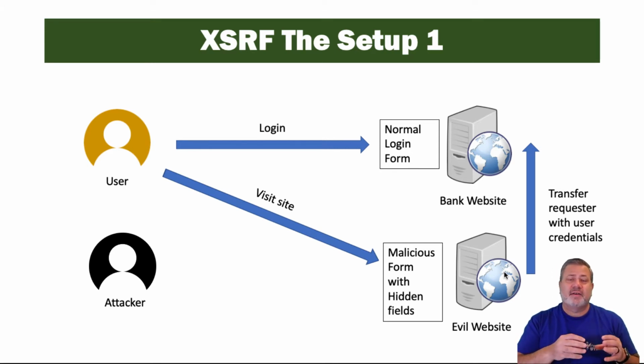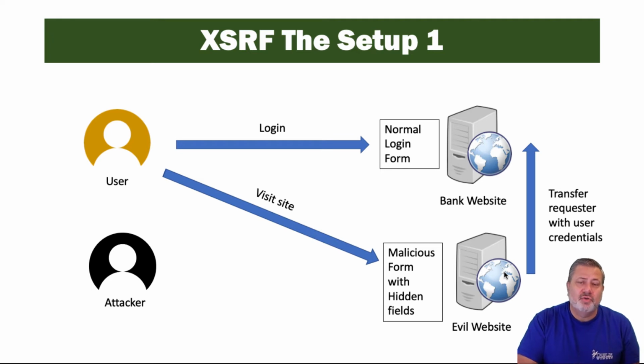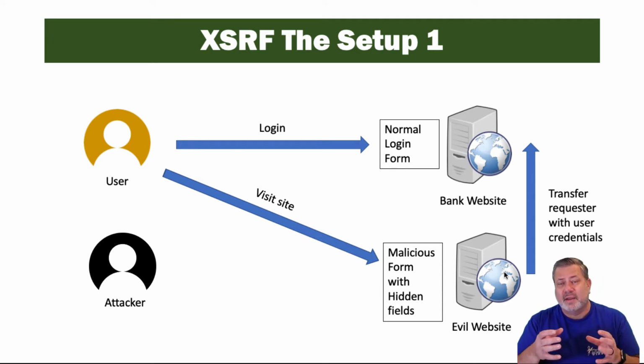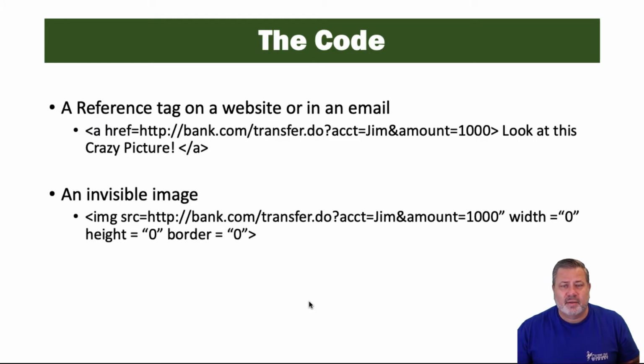It's used the fact that she's logged on to her banking site, and there's been some flaws in the way that banking application was created. It's going to allow Hank's code to run once she clicks it, and it's going to do a cross-site request forgery. So it's going to take her credentials and pass them over to this other piece of code that's going to run and then transfer funds to Hank the hacker.